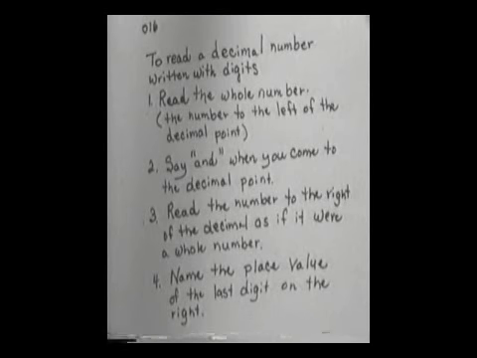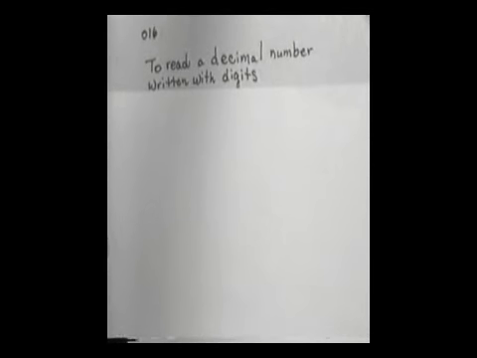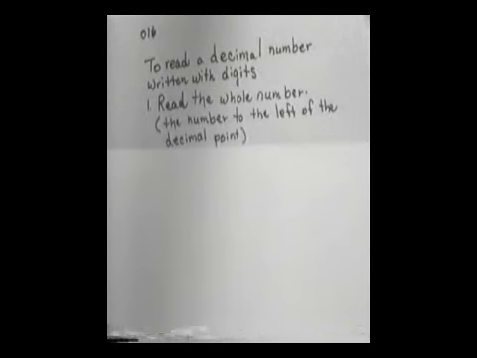The next thing we want to do is to look at a number written in decimal form and write the number out in words. So we're going to practice reading a decimal number that's been written in digits, and then write its name in words. To do that, the first thing we do is read whatever the whole number is.